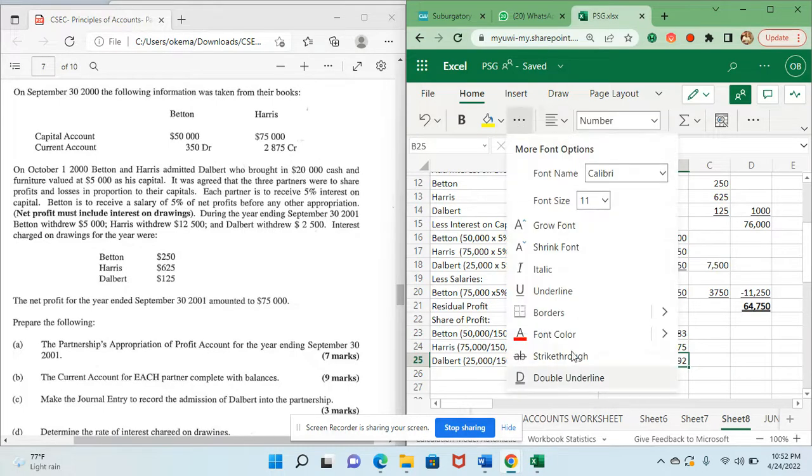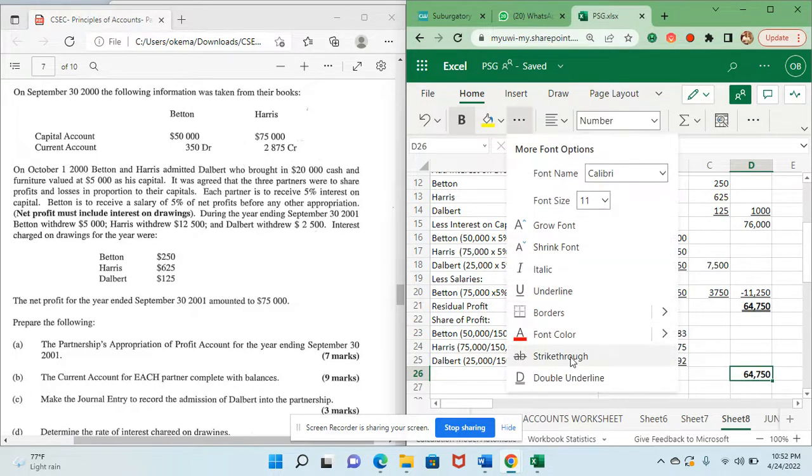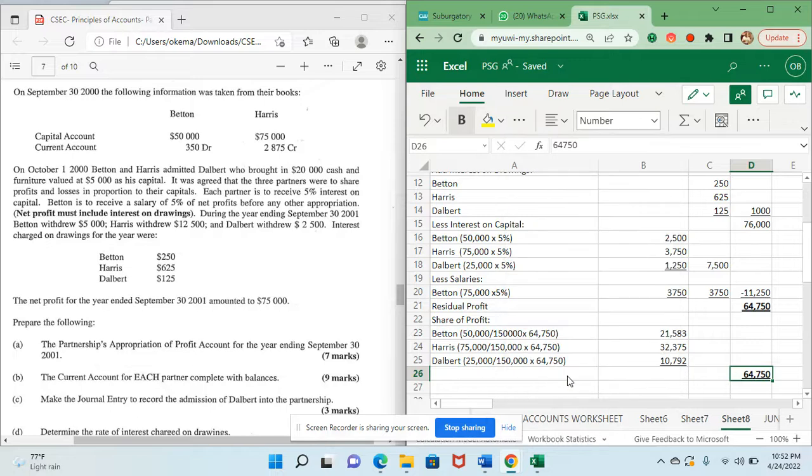And the total here should give you the same total that we have here, which would be the 64,750. And that is the end of our appropriation account. So pretty simple. We just have to look for the information that is in the question itself, right?